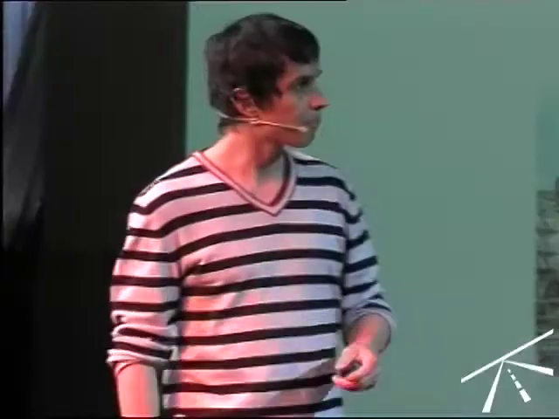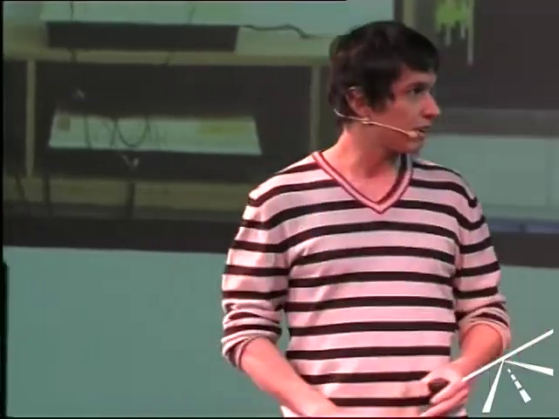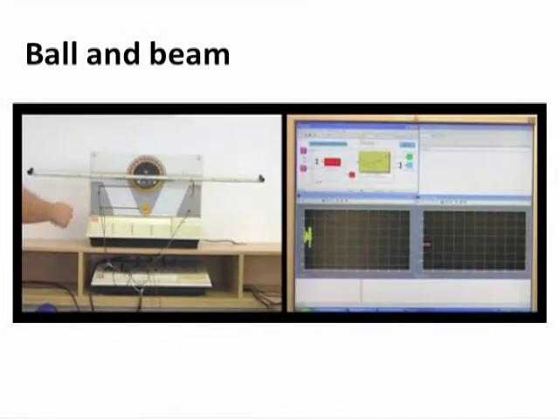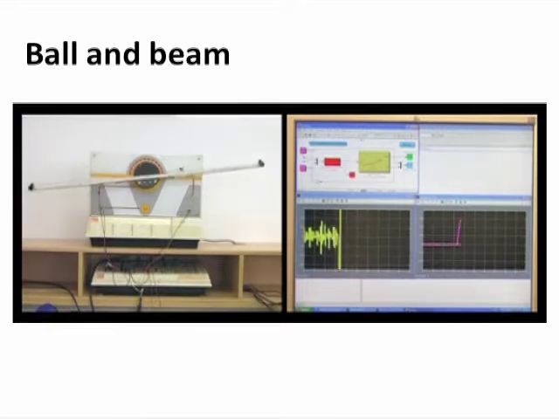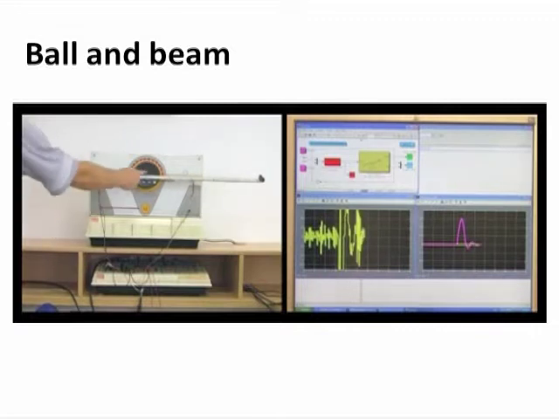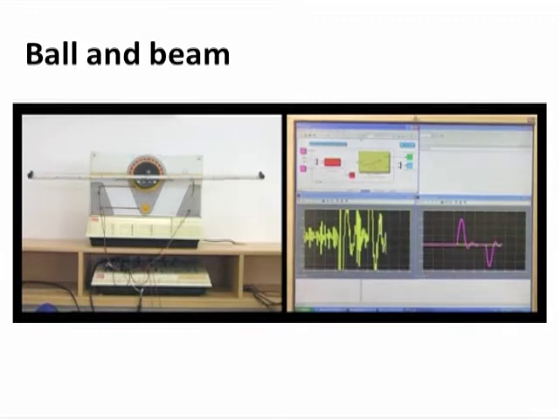Helicopter should fly. And we are studying this on very simple examples, simplified problems, such as this ball and beam. So in this case, the goal is to control the machine in the way that the ball is always in the center here. And you can see that if you push the ball away, the algorithm is reacting on it. Like a human, you want to balance the ball on the beam.